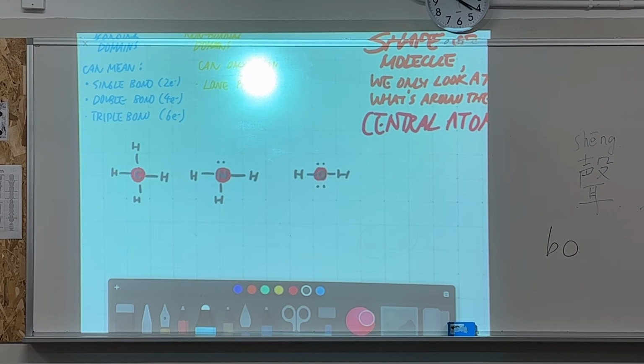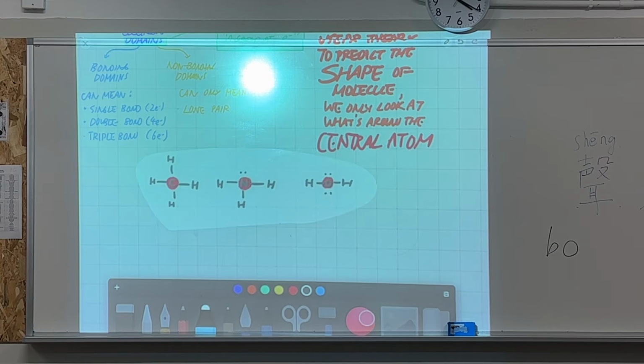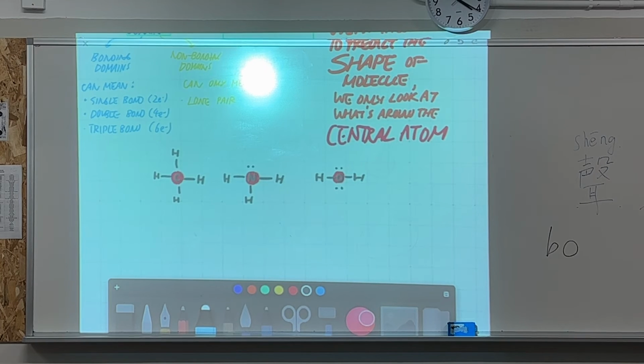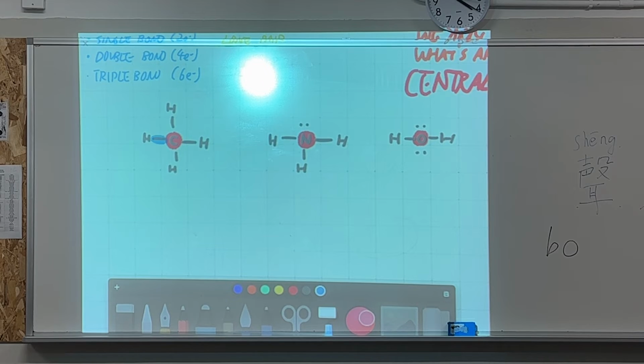Now a quick question. What is around the central atom here? Can you tell me what is around the central atom carbon? How many domains are there around the central atom carbon? There are 4, right? So around carbon, we say 4 bonding domains.